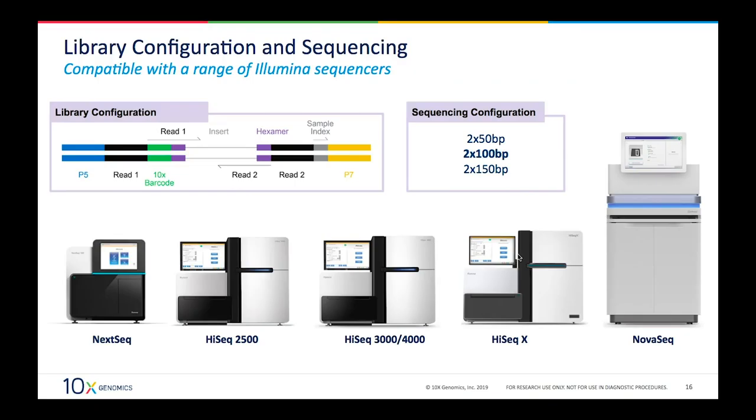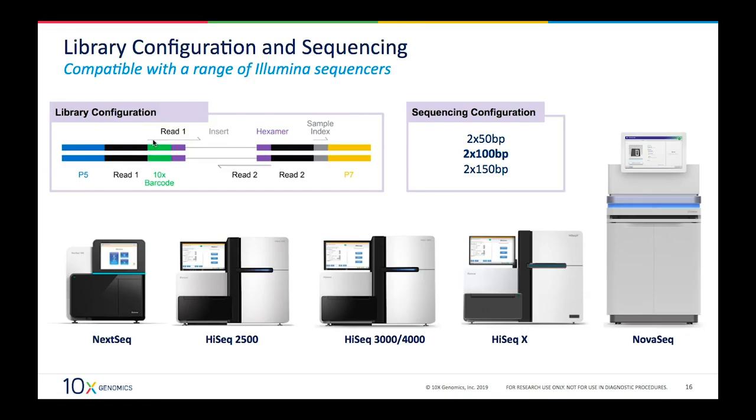Once you're done following all the steps, you end up with a library that contains the following reads. You have your P5 and P7 handles so that you can go onto the Illumina sequencer. You have your read 1 and your read 2. At the beginning of read 1, you have the 10x barcode, which is 16 bases that will allow you to put together every read that comes from the same cell.